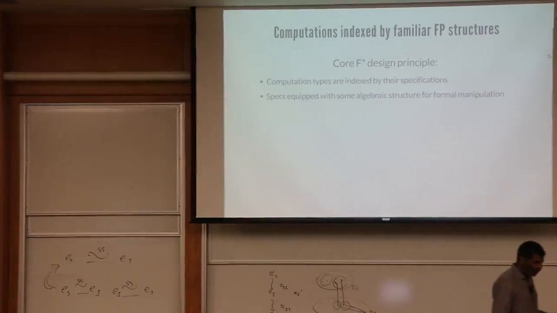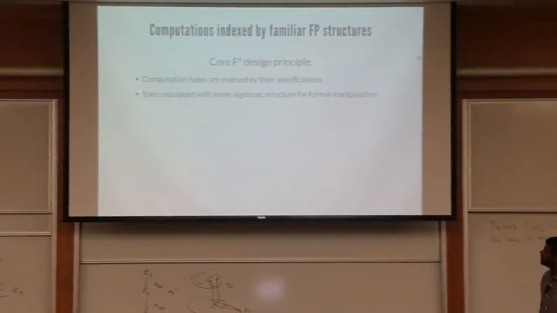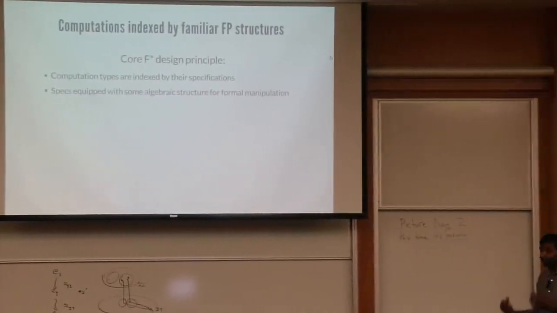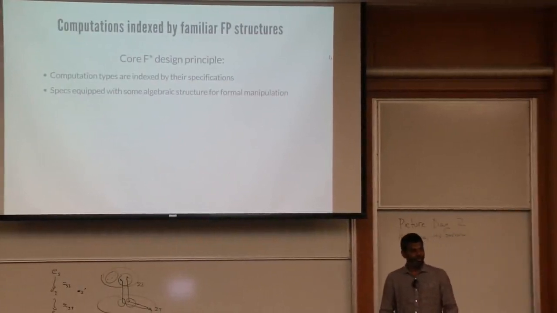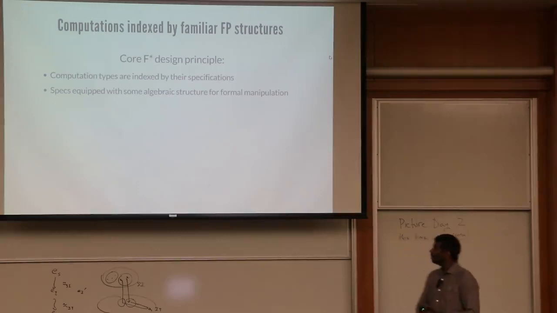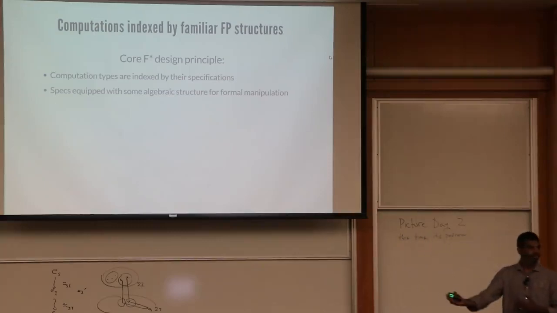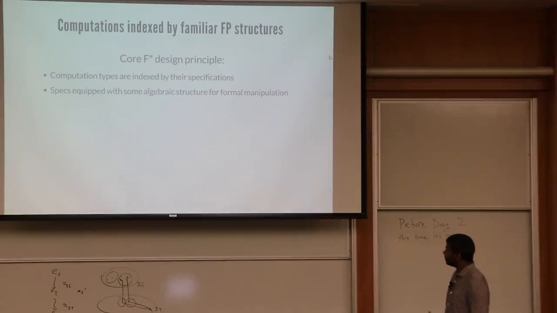So a core F* design principle is that we have a type of computations. Computations describe effectful stuff, computations that have effect. Okay, so that's state or network, sending messages on the network or diverging or these things. But these computation types are indexed by algebraic structures of various forms.